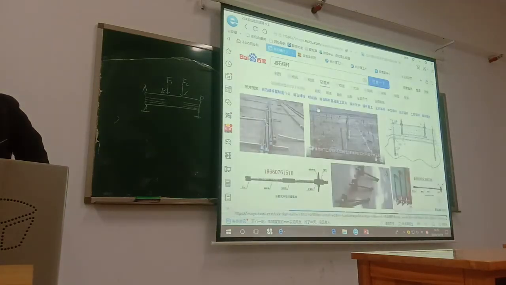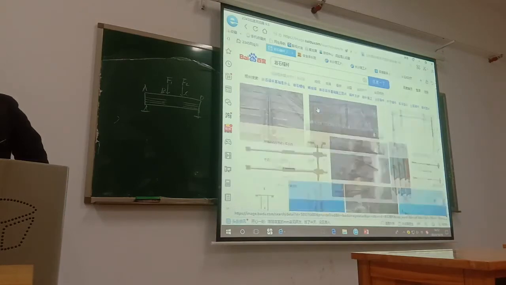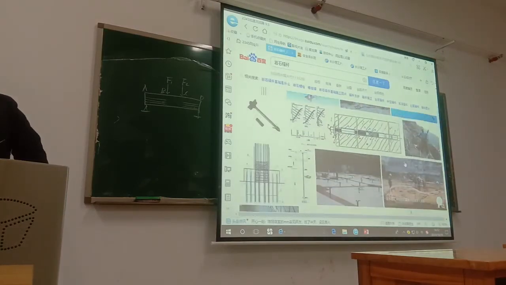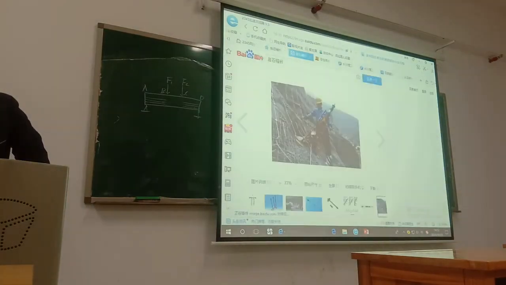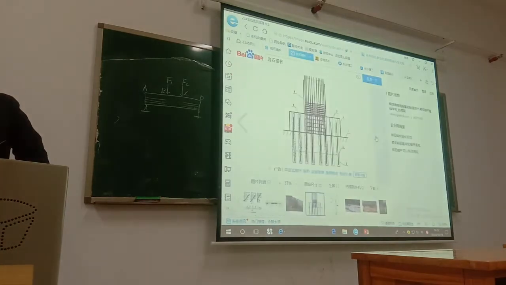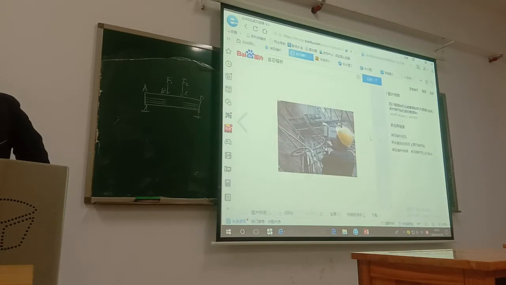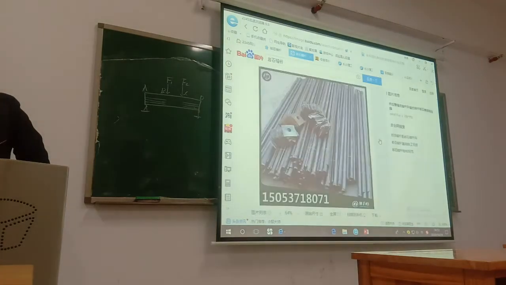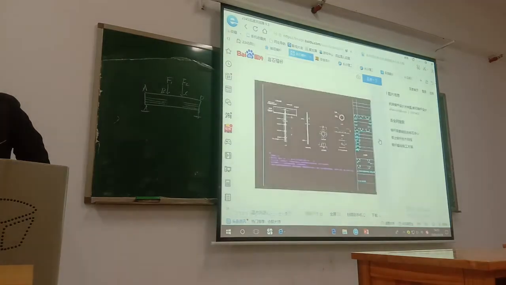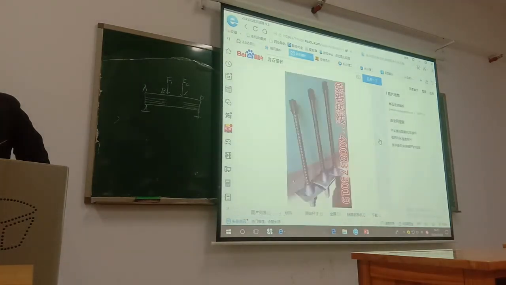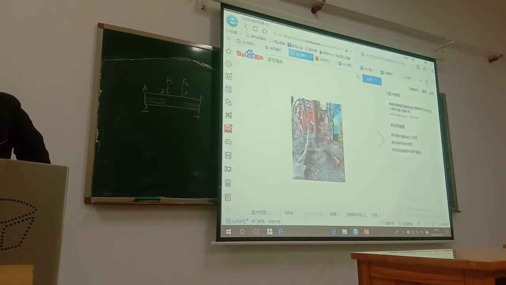Oh, I see. You see, some steel bars are anchored inside the mountain rocks. Something like this.